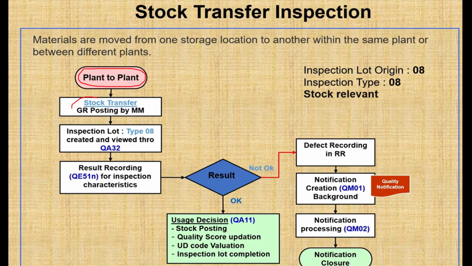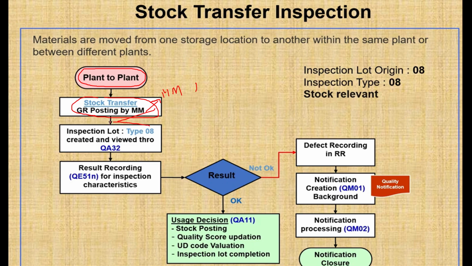Stock transfer is the first step, taken by the MM people. They do the goods receipt and stock posting, with either the 301, 311 or 309 movement. I can show you how the movement types work.